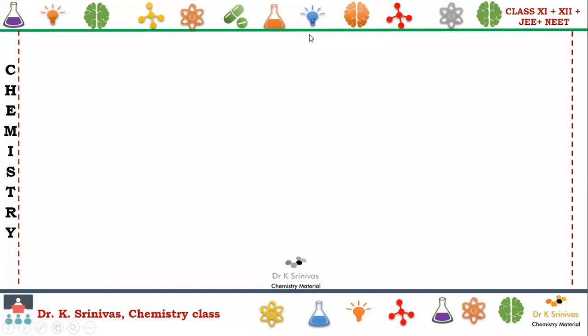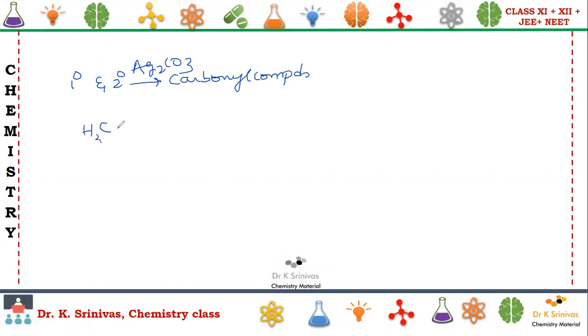Silver carbonate can oxidize primary and secondary alcohols into corresponding carbonyl compounds. Here Ag2CO3. If you have only one group like this, CH3CH2OH here, then it is converted into CH3CHO.